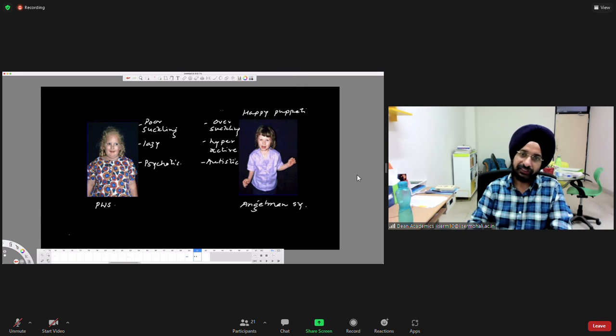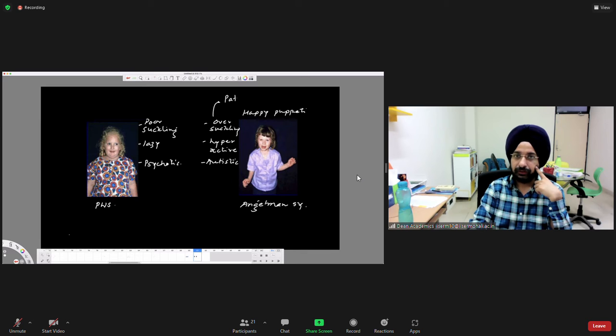So these traits are coming from paternal chromosomes, and these are coming from lack of paternal chromosome and the expression of the maternal genes.